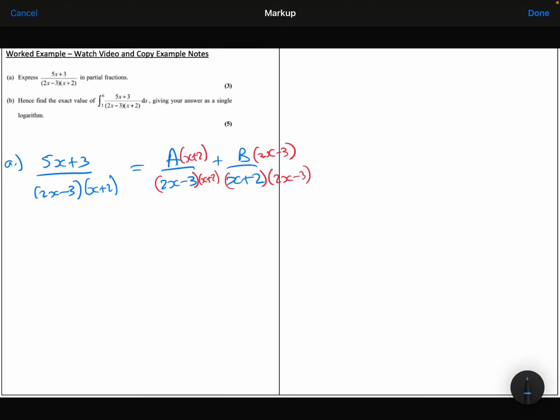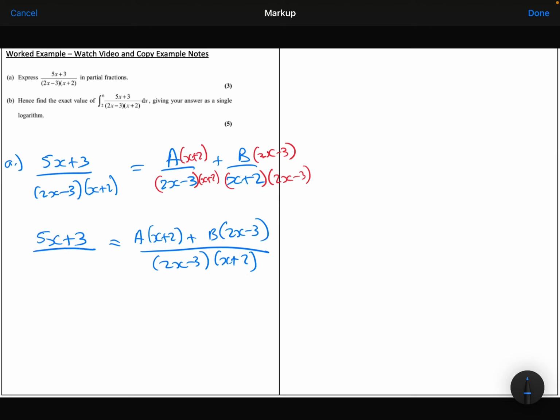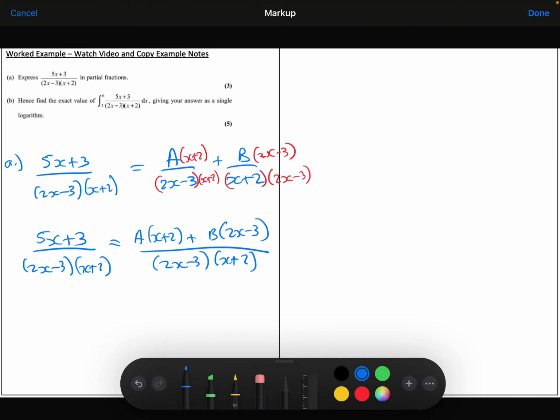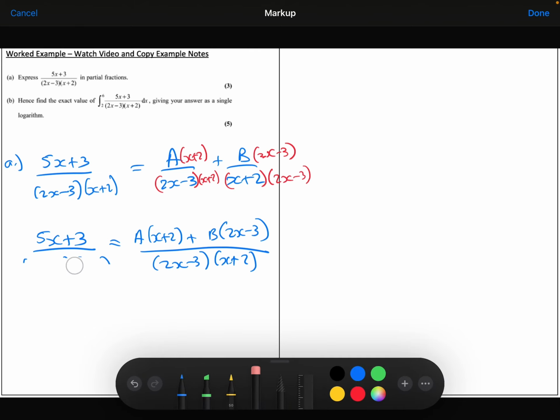I can now have a common denominator of (2x - 3)(x + 2). And comparing that to the original fraction, because my denominators are the same, that must mean that the numerators are going to be the same. So I can focus just on this equation here.